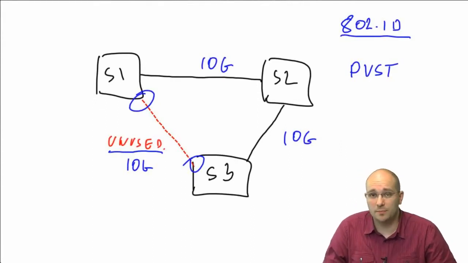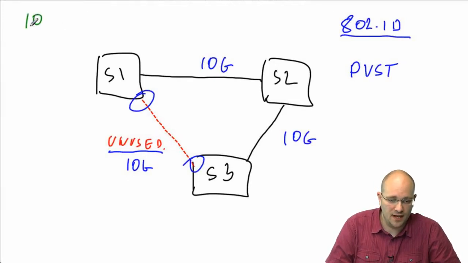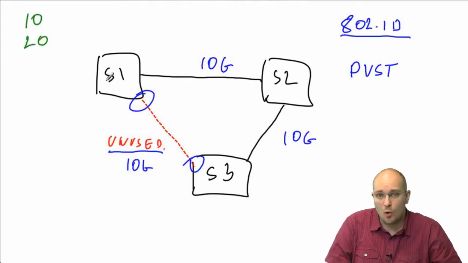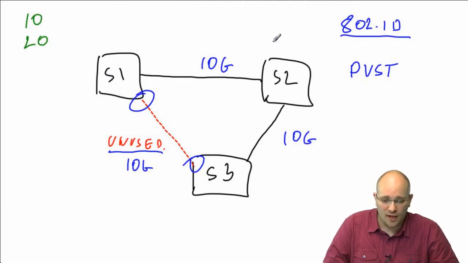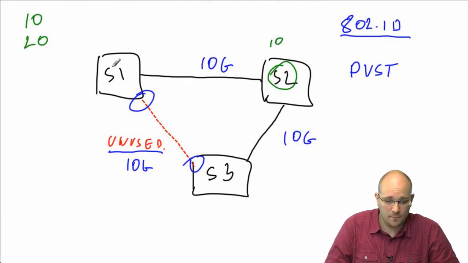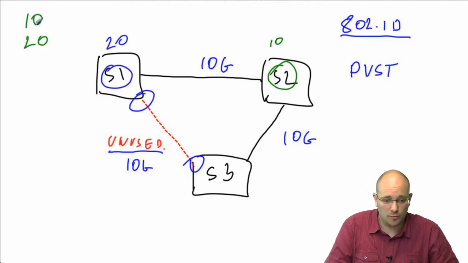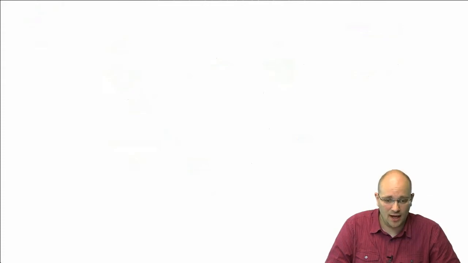If we used multiple VLANs in our network here, let's say that we had two VLANs, VLAN 10 and VLAN 20. What we could do is, for let's say VLAN 10, we could have switch 2 be the root, and for VLAN 20, we could have switch 1 be the root. In that case, let's take a look at that example.